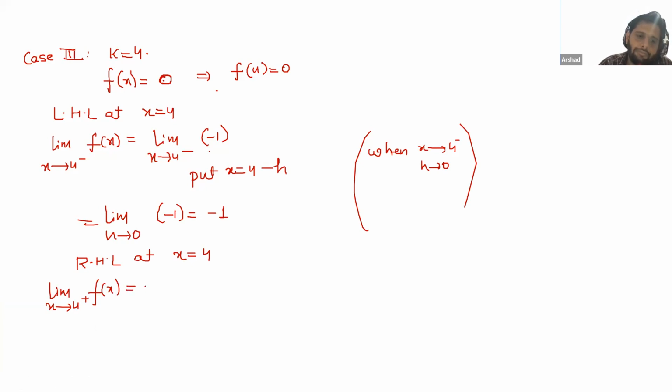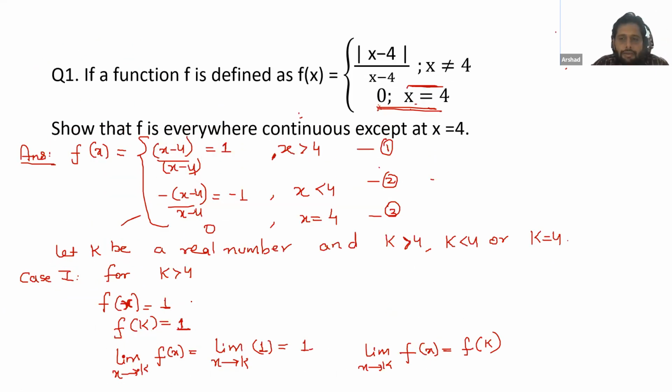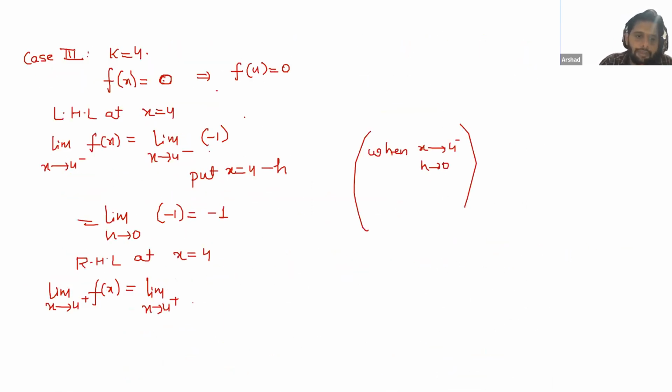Now the next question is from Josefa. Josefa, which function will we choose for the RHL? First function, very good, because the value is greater than 4. So we will use the first function, that is 1 here. Again same method, put x equal to 4 plus h.